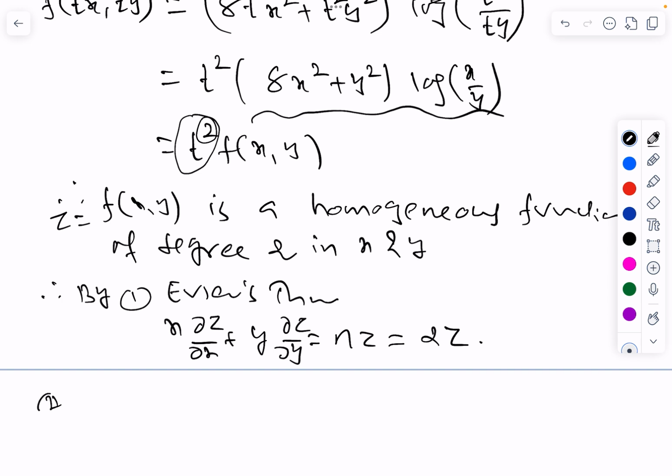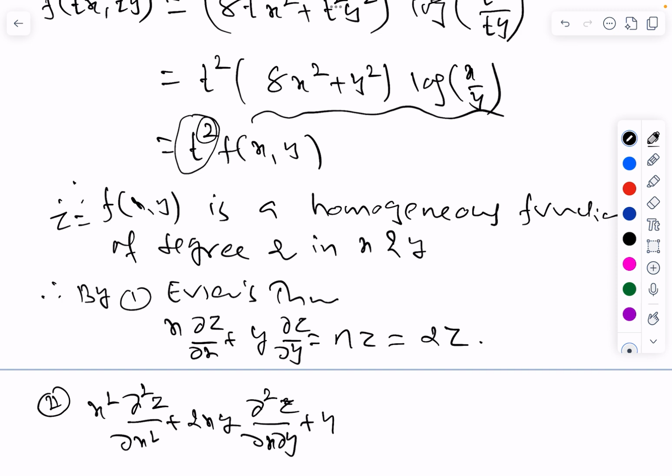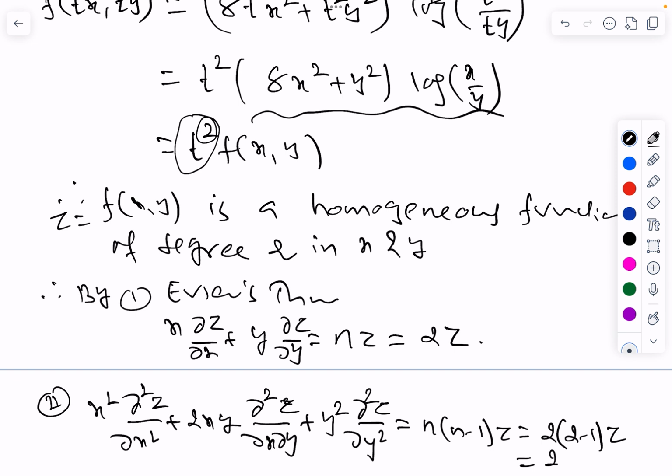And second, x² ∂²z/∂x² plus 2xy ∂²z/∂x∂y plus y² ∂²z/∂y² equal to n(n − 1) times z. So this is 2 into (2 − 1) into z. So this is 2z.